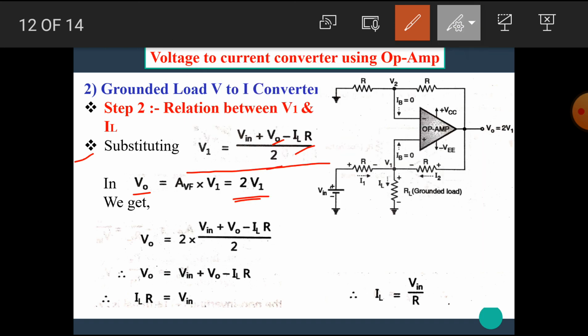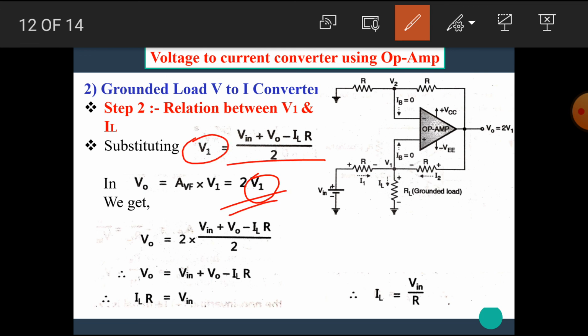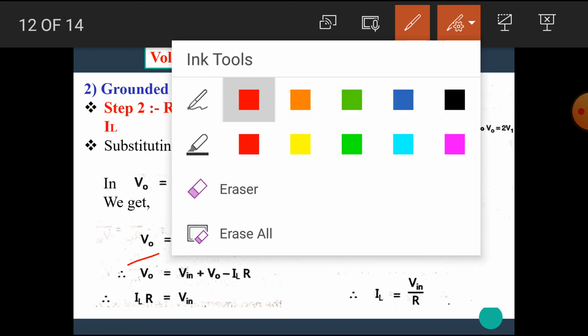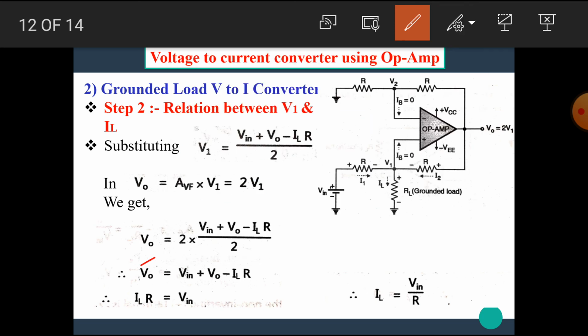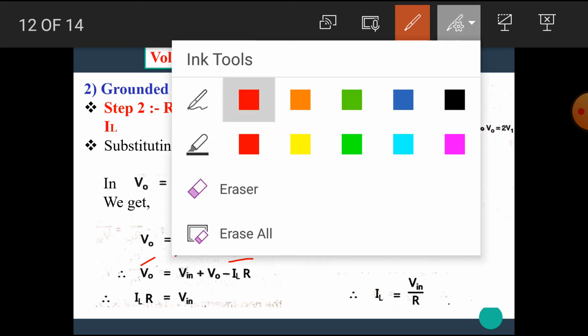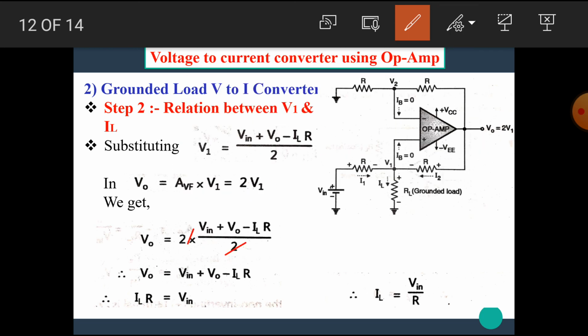We get V0 or Vout is equal to 2 into (Vin plus V0 minus ILR) upon 2. Then 2 gets cancelled. We get V0 is equal to Vin plus V0 minus ILR.